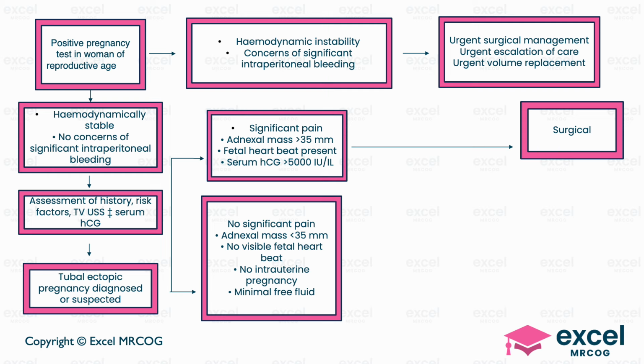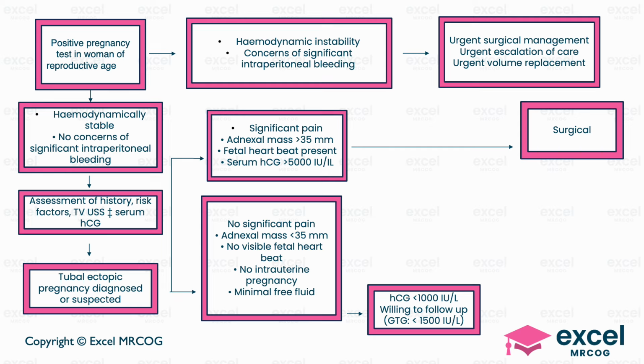There has to be minimal or no free fluid in the pelvis. If we see that the beta HCG level is less than 1,000, that means it's very low. Even if it's an ectopic pregnancy, it is unlikely to rupture soon, right? So if it is less than 1,000 and the lady is willing to follow up, that's an essential criteria that she has to be willing to follow up.